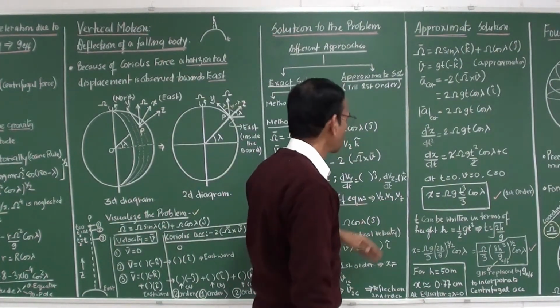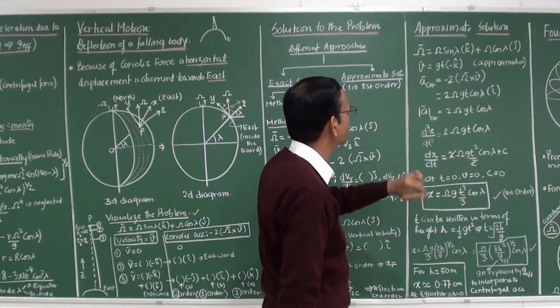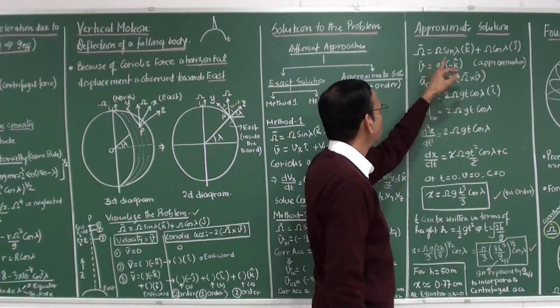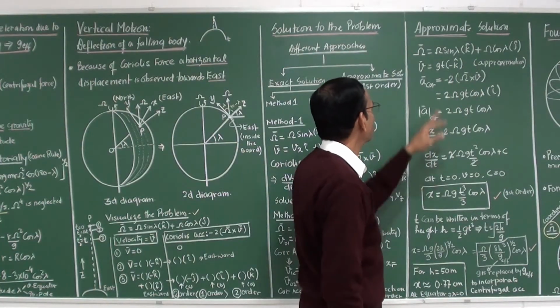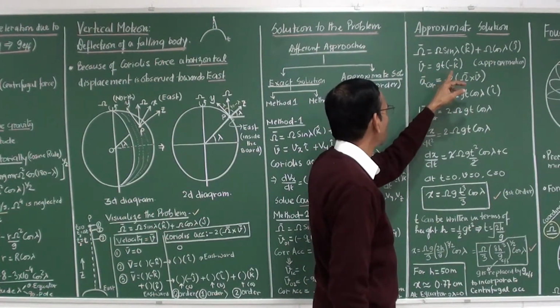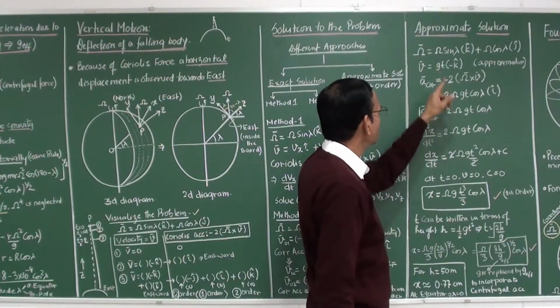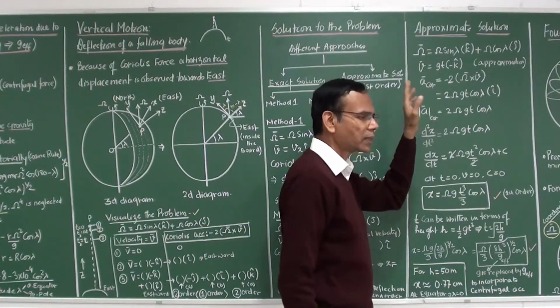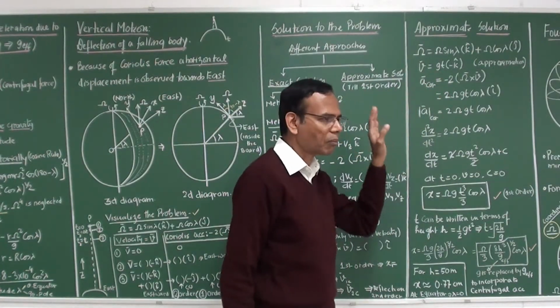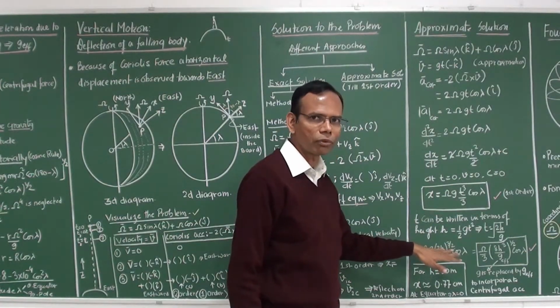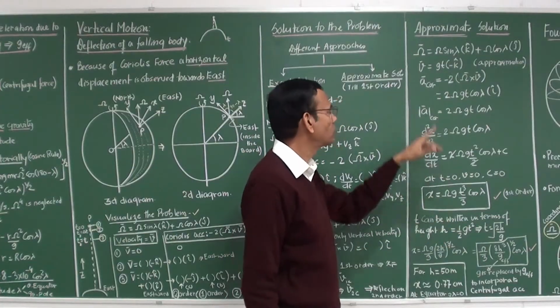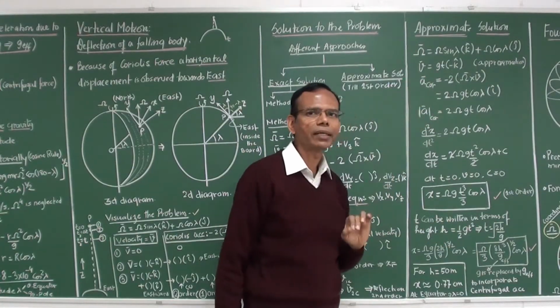So it is almost the same, only the first order we are doing. So omega is omega sine lambda k cap plus omega cos lambda j cap as usual. V we have taken as gt minus k cap. Now, here we would like to take ge in place of g, but that we will do at the end. At the end, whatever we get, we will substitute g as g effective.